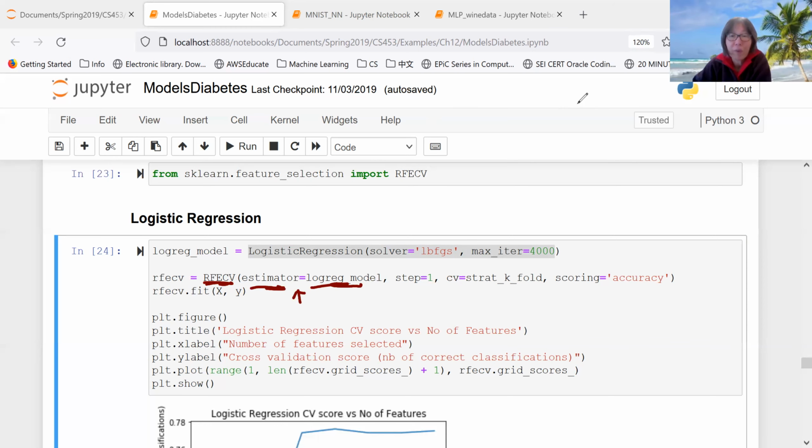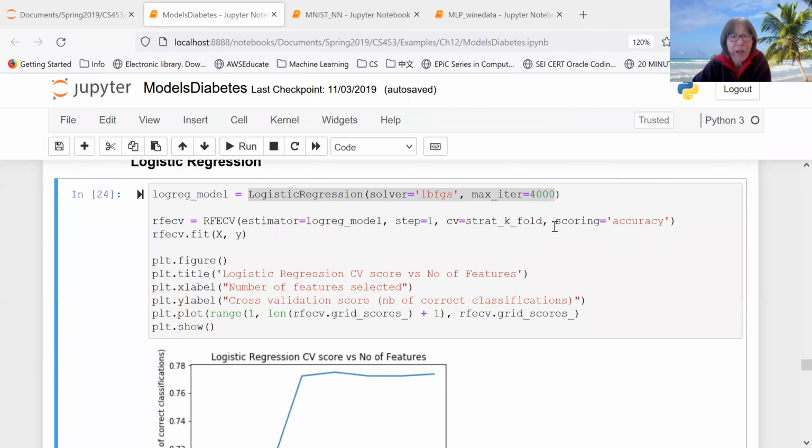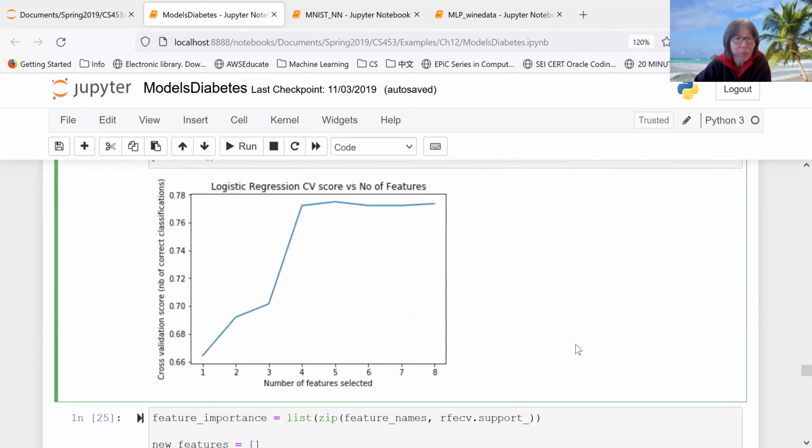You can also select the scoring, similar to what we discussed previously, with estimator, scoring and cross validation.